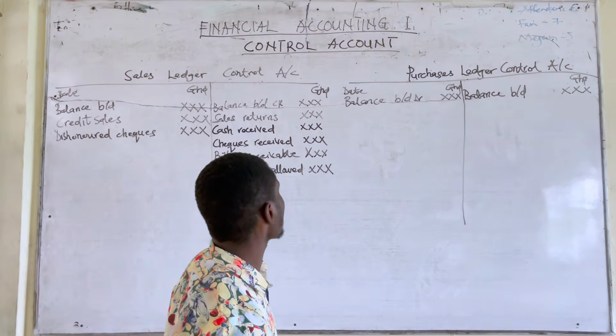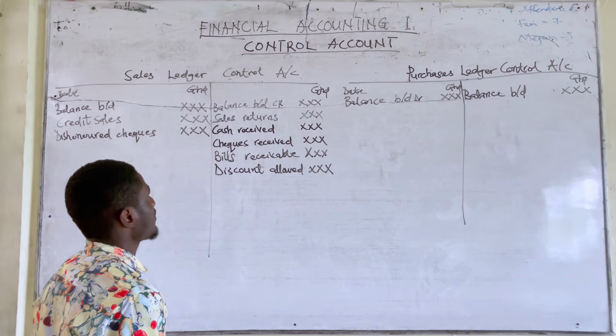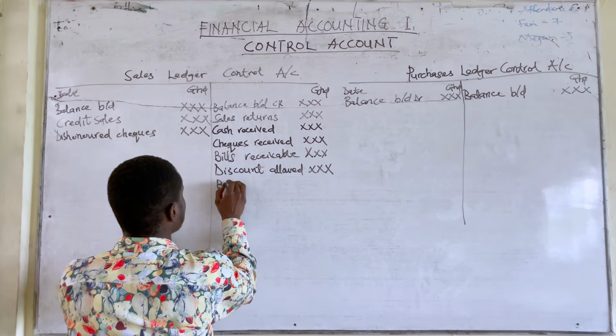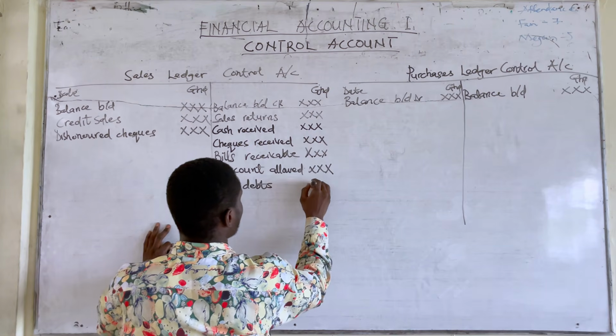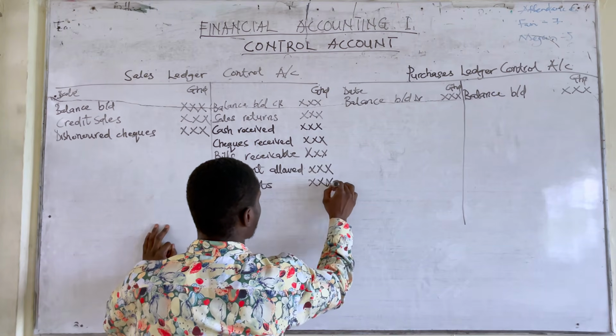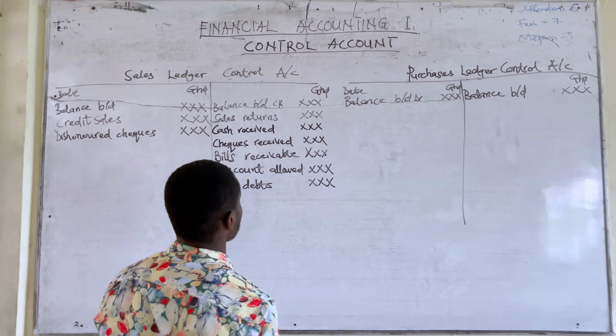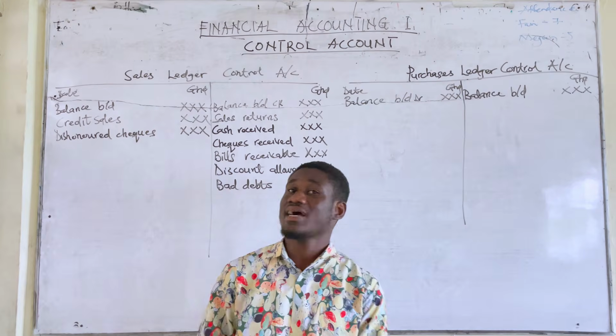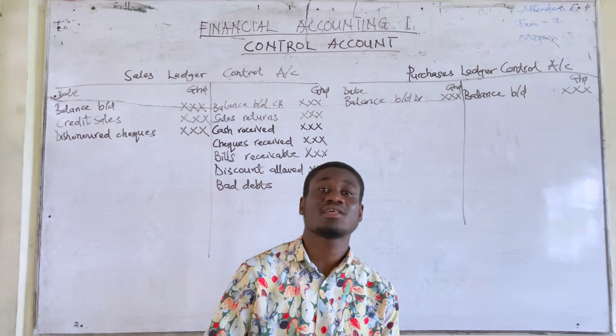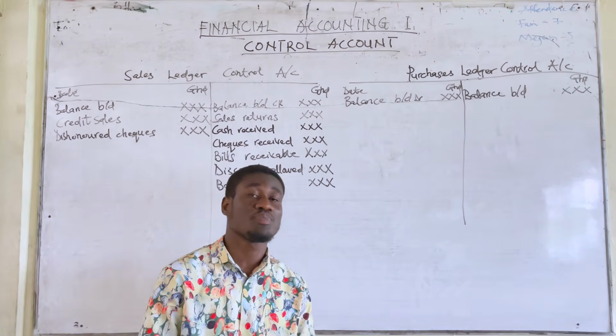Good. Then we have bad debt, or bad debt written off. Bad debts are the debts that we know the customers are not going to pay.